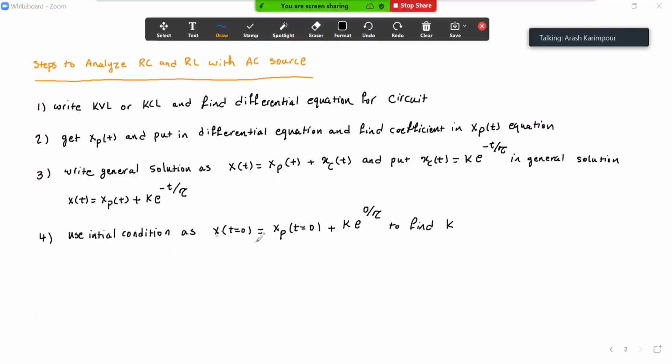So by this point we have the general solution. When we find the k, then we have that general solution, and that's the solution we look for.